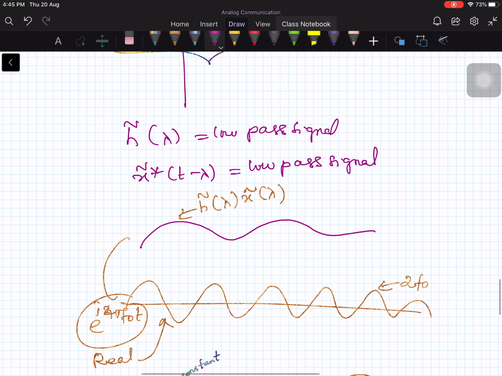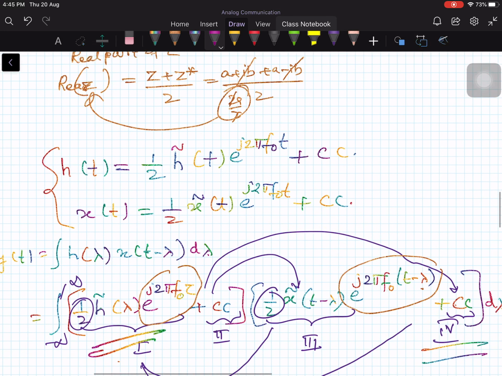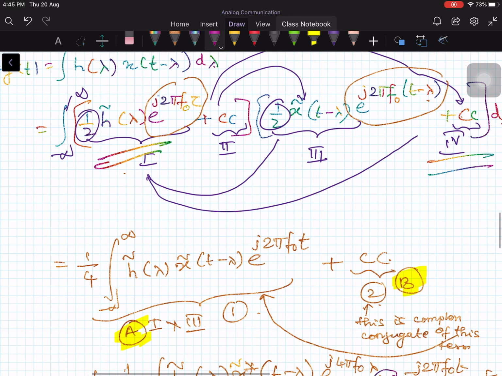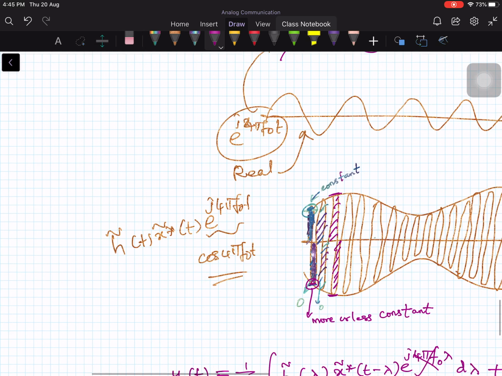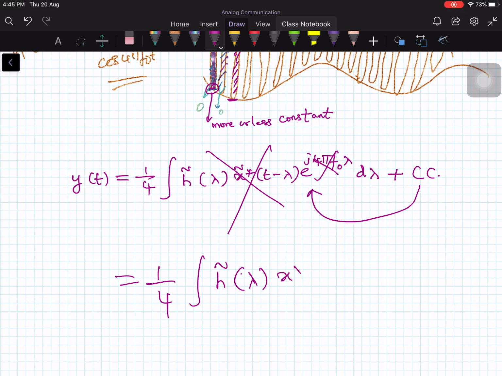If you look at the A term, where is it? This is d lambda, and here the exponent is with respect to t. Okay, therefore the A term is going to be, this is wrong actually, 1/4 h tilde of lambda x conjugate tilde of t minus lambda.